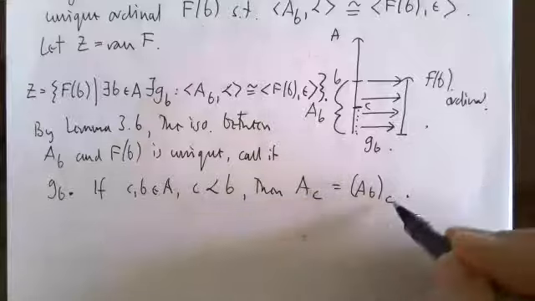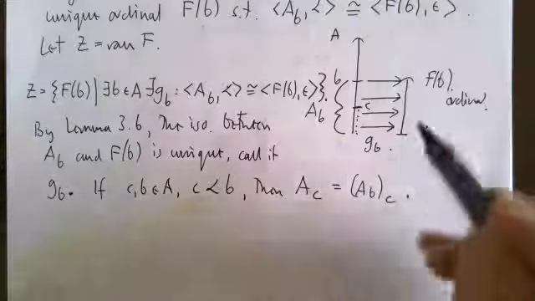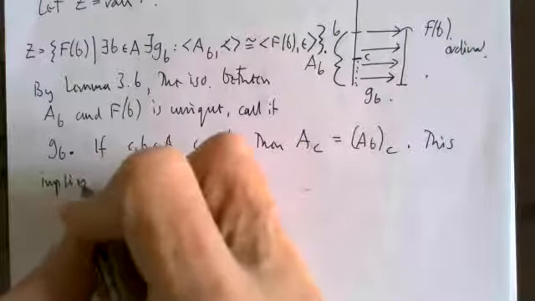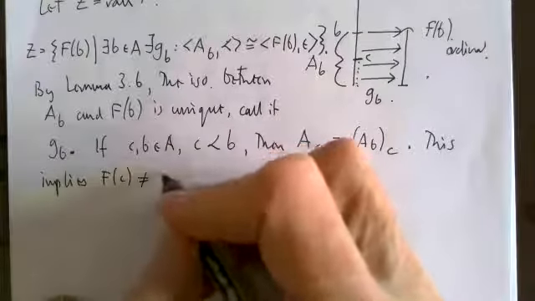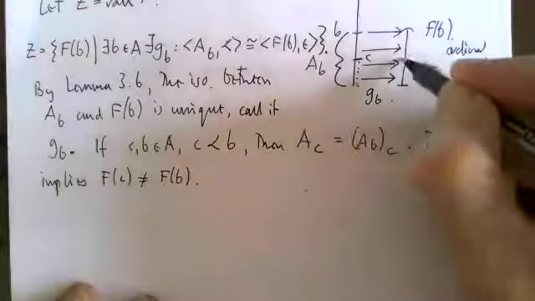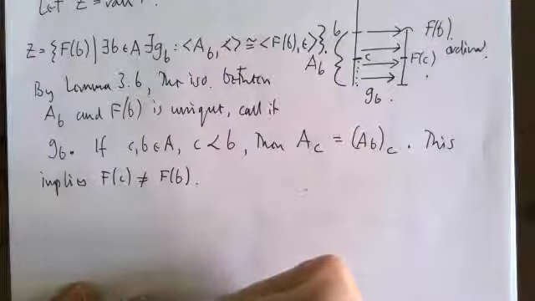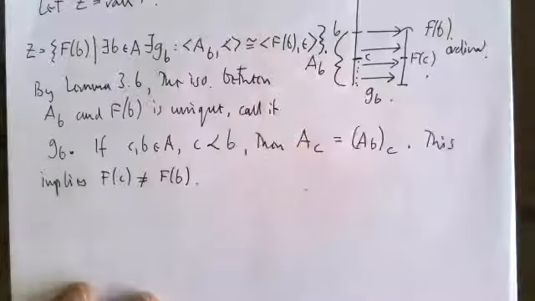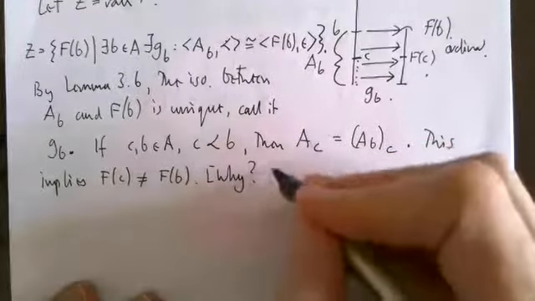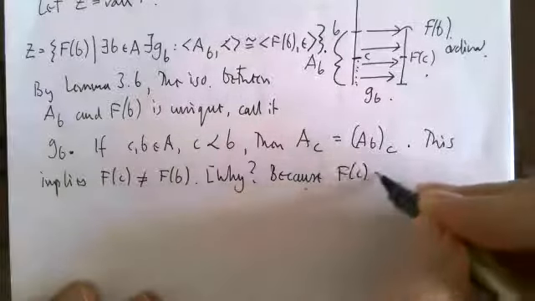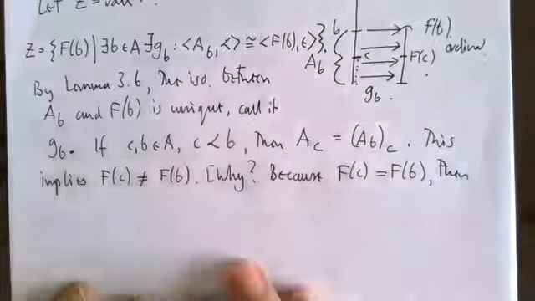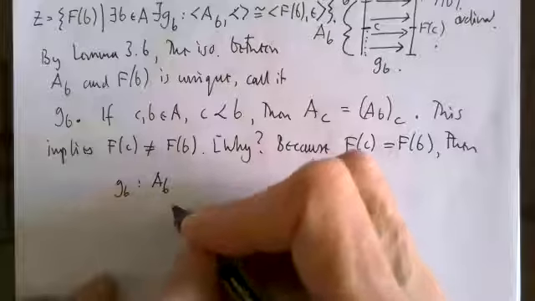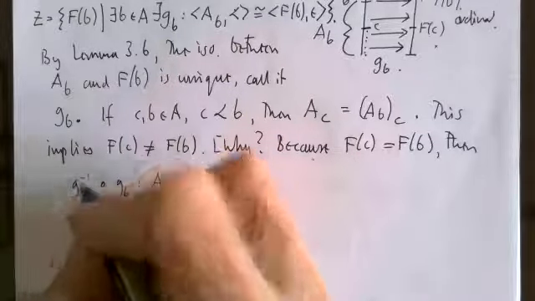So the point to be made here is that if C is below B, f of C cannot be f of B. Because if f of C was equal to f of B, then I could use GB to take AB and follow that by the inverse of GC.